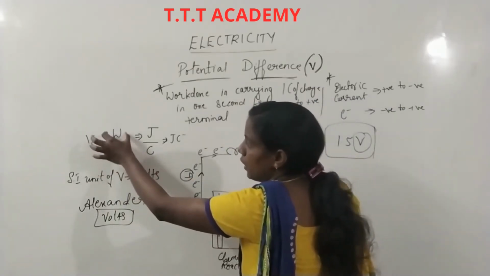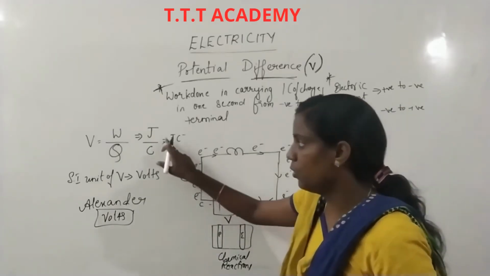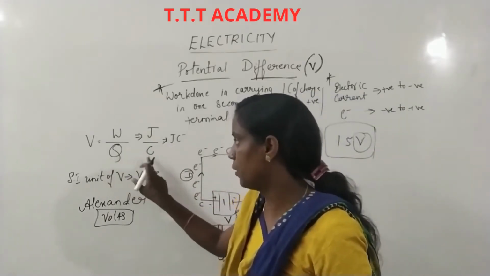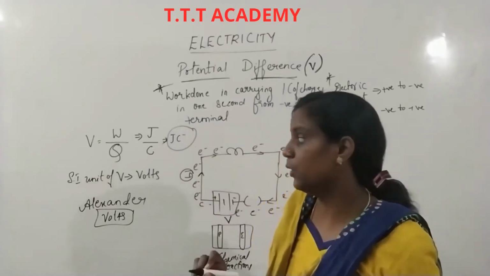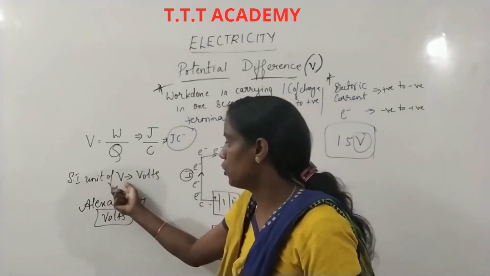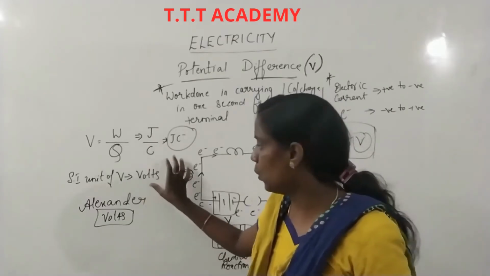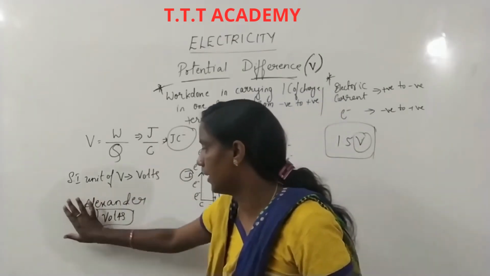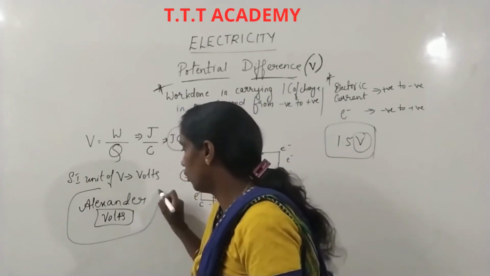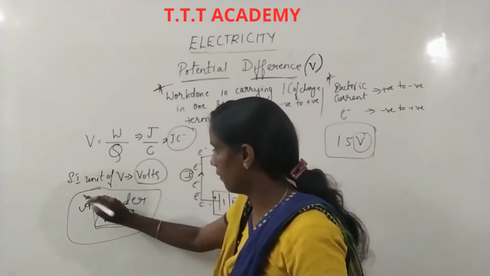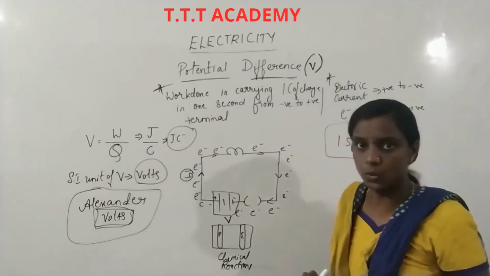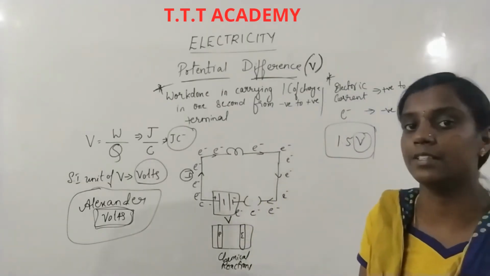W is work measured in joules, and Q is charge measured in coulombs. So joule per coulomb is the unit, but the SI unit of potential difference is the volt, taken from the last name of the Italian scientist who explained this concept. We also call it voltage.